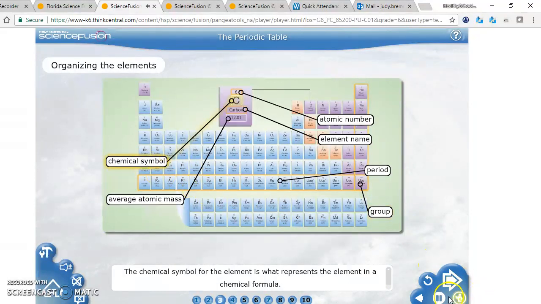The chemical symbol for an element represents the element in the periodic table. The chemical symbol can be represented by one capital letter or a capital letter followed by one or two lowercase letters.